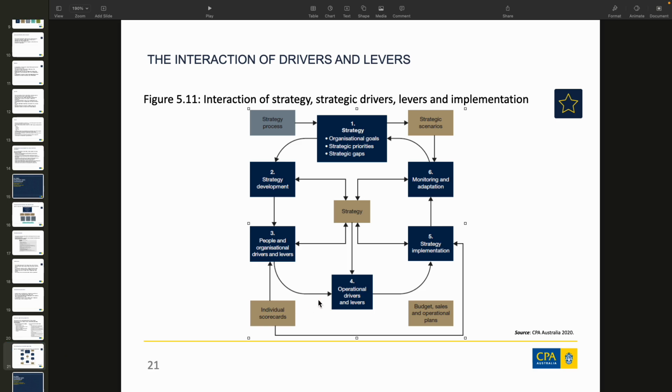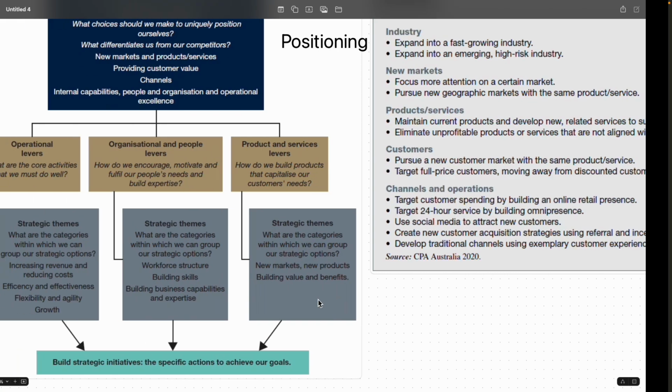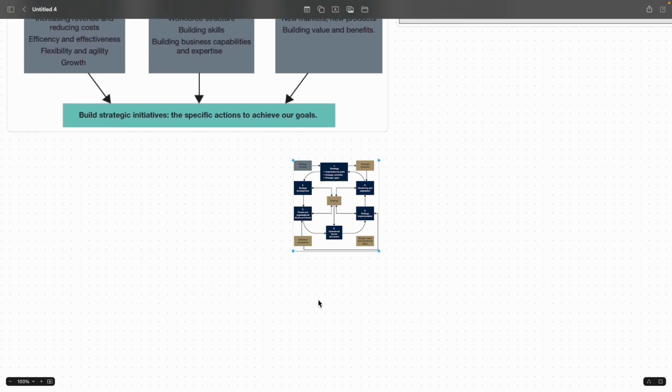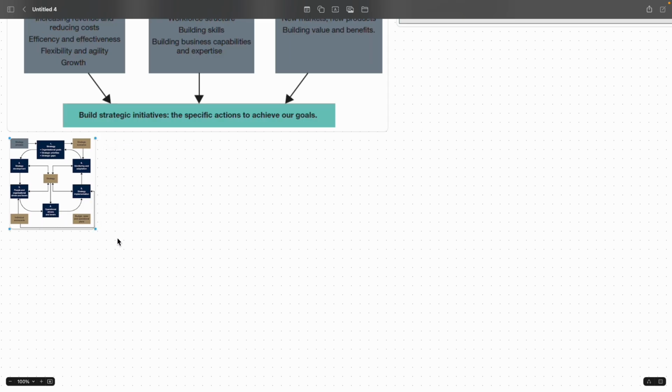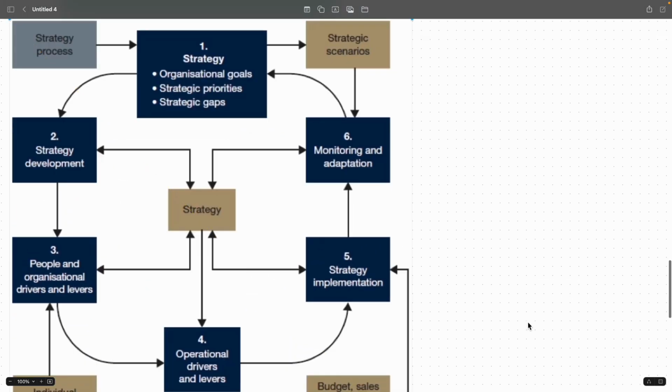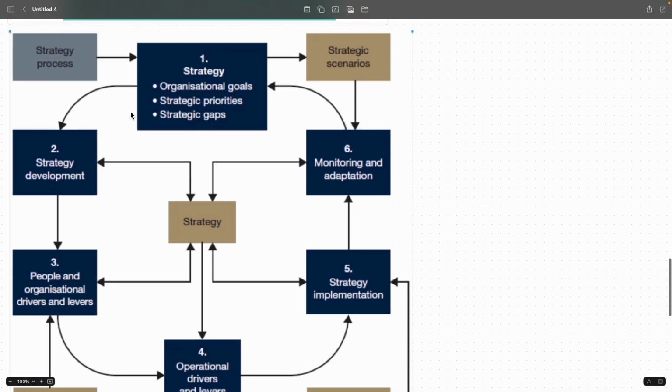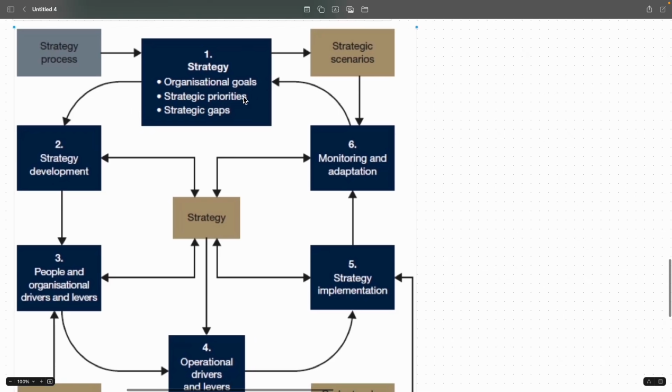We move on to the last one. Okay, you have this diagram. This diagram is quite important. You have to understand the flow of the strategy process. Number one, you have your strategy, which is your goals, your priorities, and your gaps. What are your strategic gaps? From there, you come up with your strategic development.